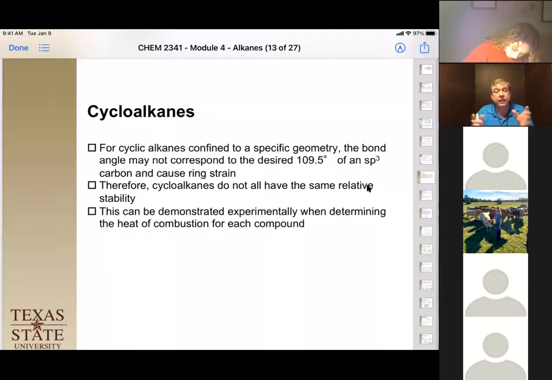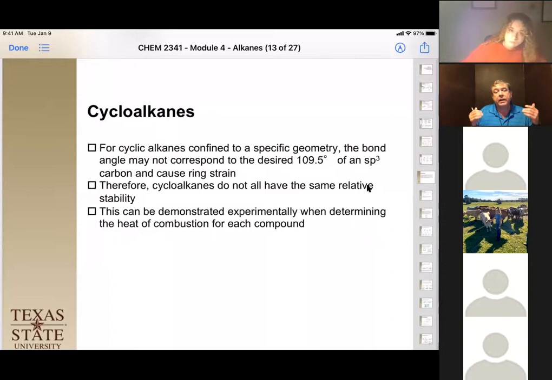And because of the size, some of them cannot have that desired 109.5 degrees because of the size of the ring. So we have to look at things as if they're being restricted. And so we have to think, okay, how do we know how much energy it costs the molecule to have a smaller or bigger ring?